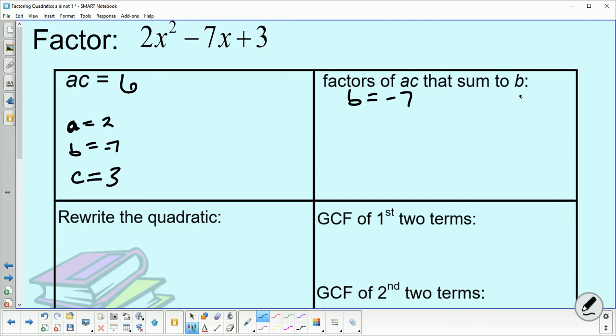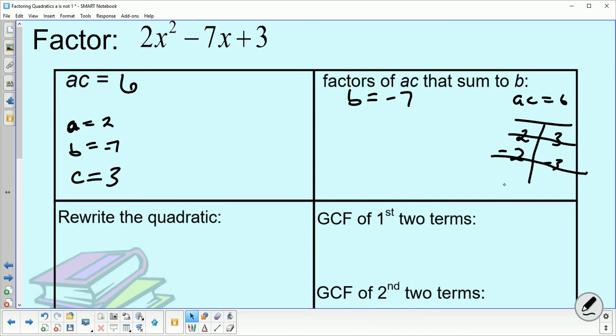So if I take AC equals 6 and I do our little factor tree that we've been doing in class, I could say 2 and 3, but that adds up to 5, so that's no good. I could do the opposite. It's -2, -3, but that also adds up to -5, so that's no good. You'll notice this is a negative, so that does tell me they both need to be negative. If we could try -1 and -6.